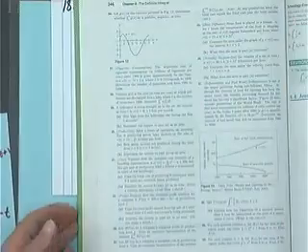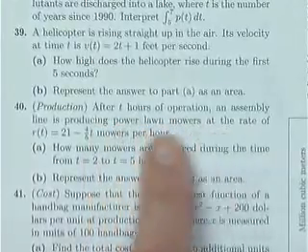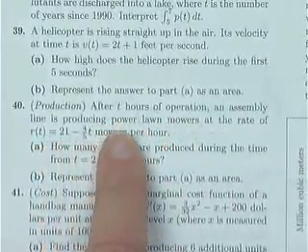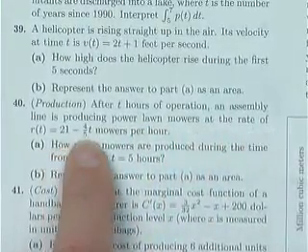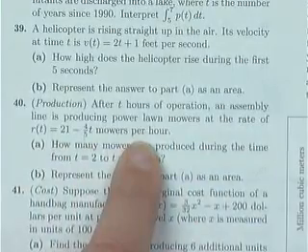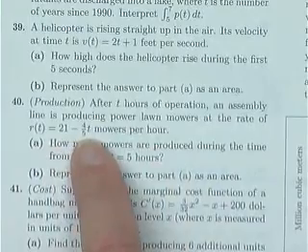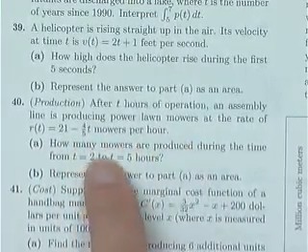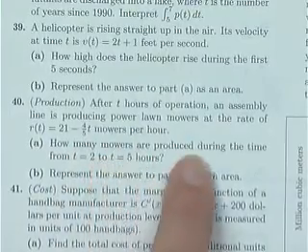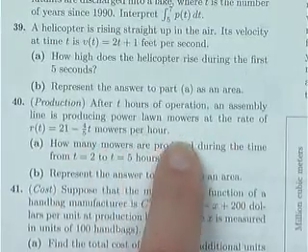All right, let's look at another problem, so we can see if we can answer the question. Let's look at number 40, for example. After t hours of operation, an assembly line is producing power lawnmowers at a rate of some number of mowers per hour. This is the rate that they produce, mowers per hour.